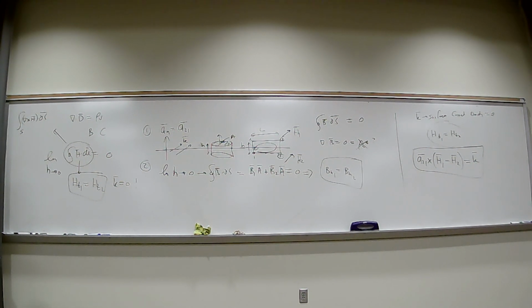Y'all follow me, class? Now, if we make the actual height of H go to 0 here, what you really have is a sliver like this. You don't have to worry about the formal mathematics here, but are you with me on that? If the height goes to 0, you have almost a sliver there, right?